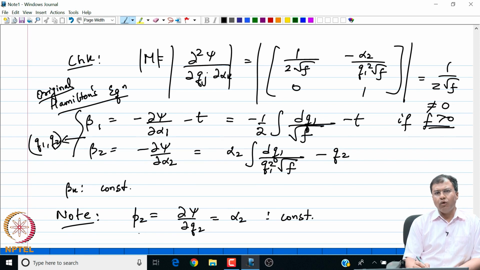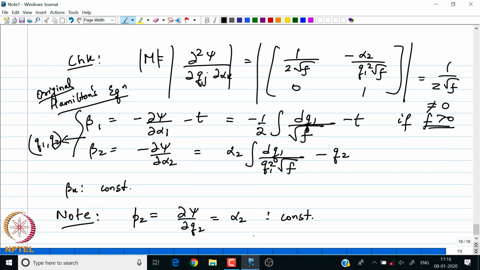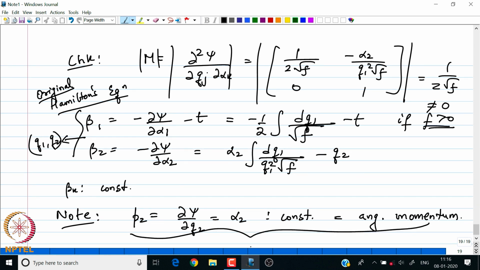So P2 is the angular momentum in the physical language, and we are showing here that in this setup the angular momentum is constant. Meaning that the law of conservation of angular momentum is satisfied in this problem.